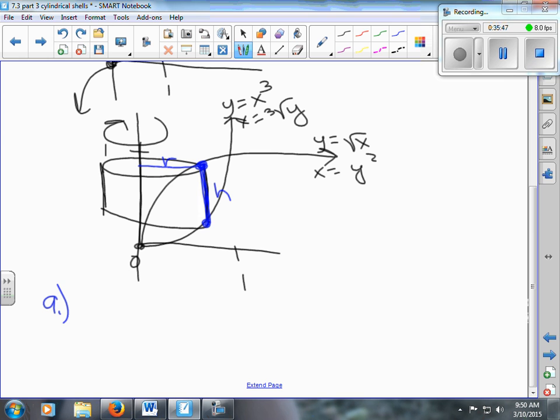So here, what is the height? The height is the top minus bottom. And so the top function as a function of x is square root of x, and the bottom function as a function of x is x to the third. And the radius is right minus left, and it's just x here, because the left is the axis, the y-axis.